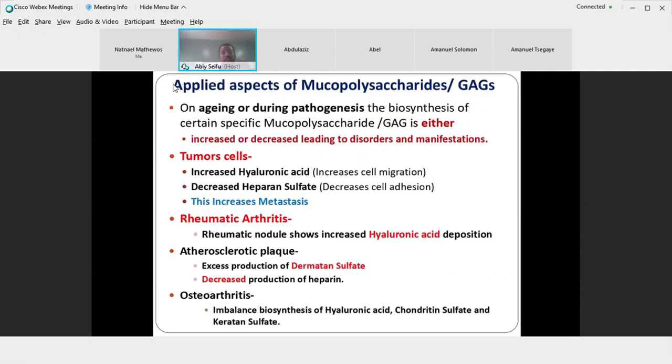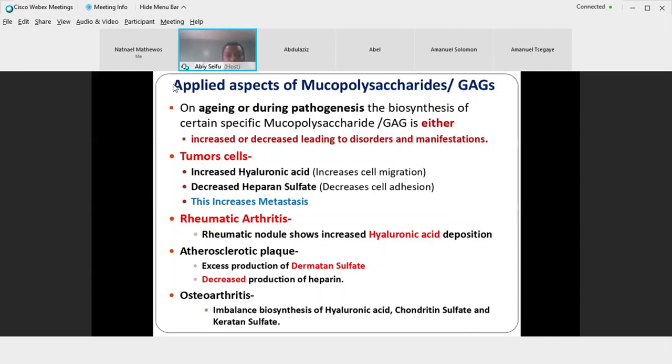Why do we study glycosaminoglycans in aging or during different pathogenesis? The amount of synthesis of these GAGs may be increasing or decreasing, and that indicates the manifestation of specific diseases.